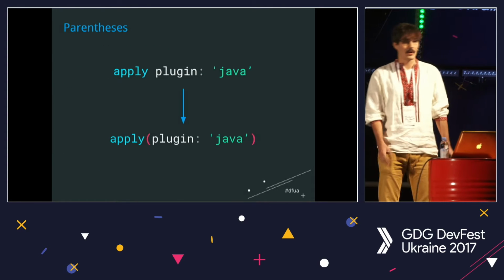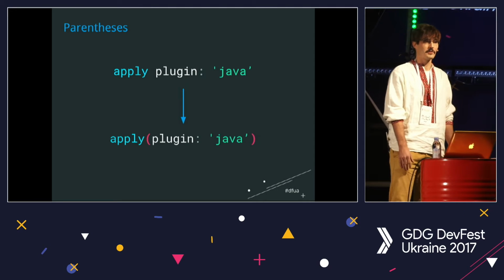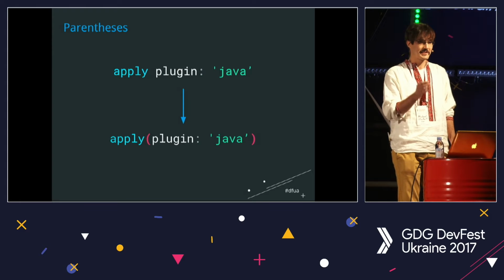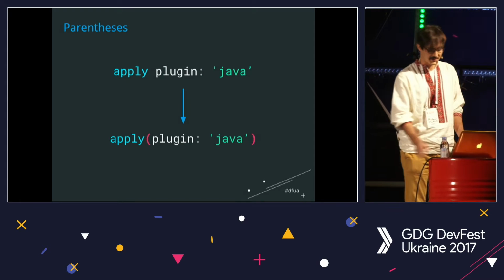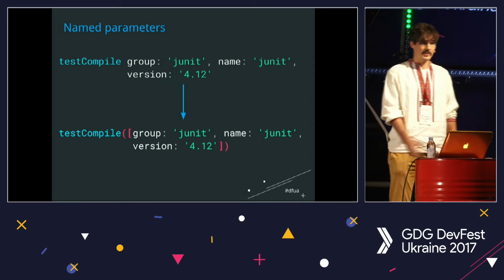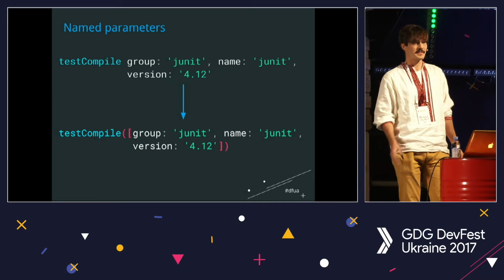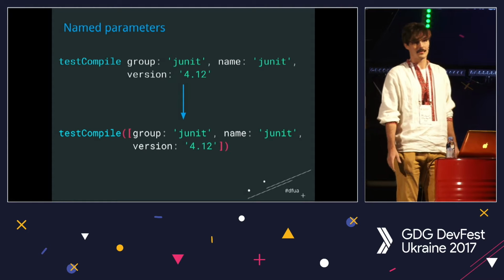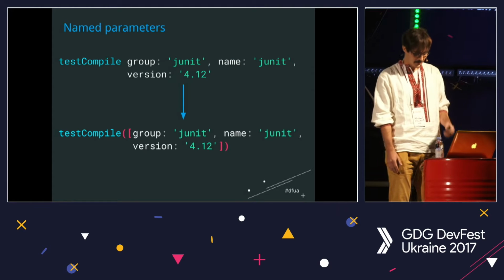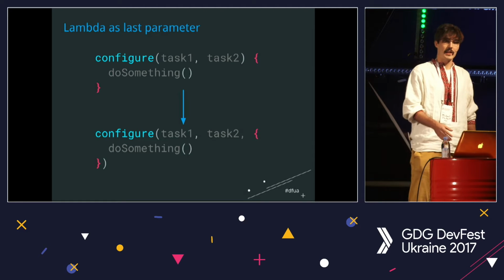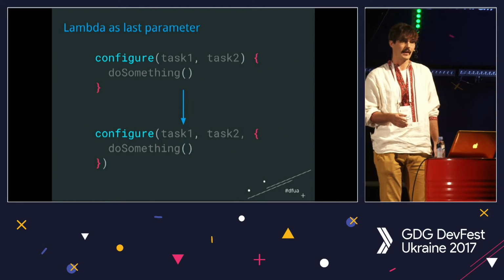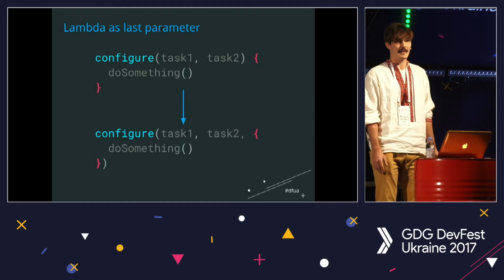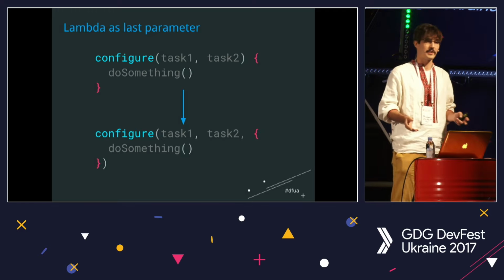So, first of all, Groovy allows you to omit brackets. Just method call, space, and arguments. Also, if you pass named parameters into your method, under the hood it's just a map, a list of key values. And if a method receives a closure as the last parameter, you can move this closure outside of brackets.